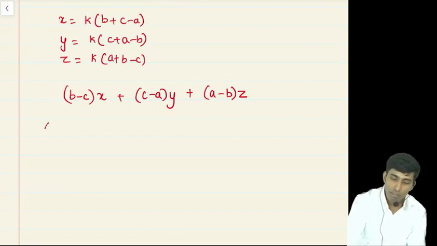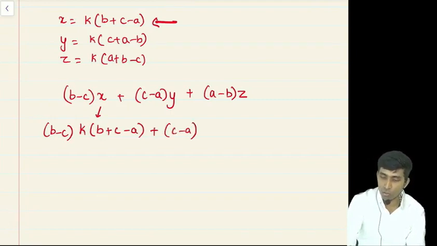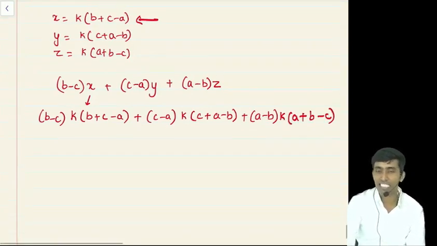So b minus c into k multiplied by this, x will be substituted by this, b plus c minus a, plus c minus a into k multiplied by c plus a minus b. Same way, I can write a minus b into k into a plus b minus c.